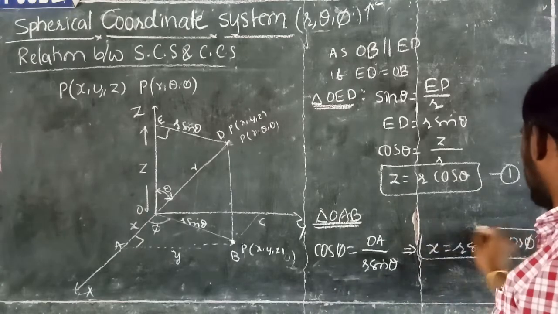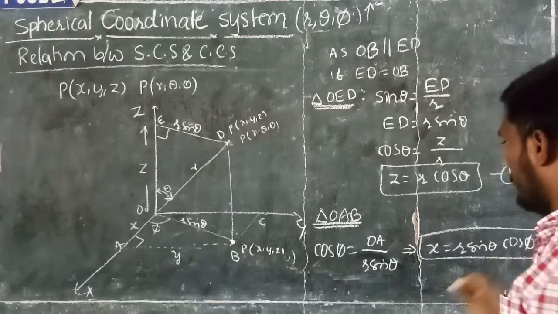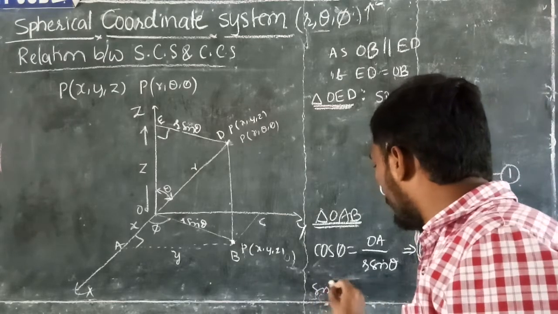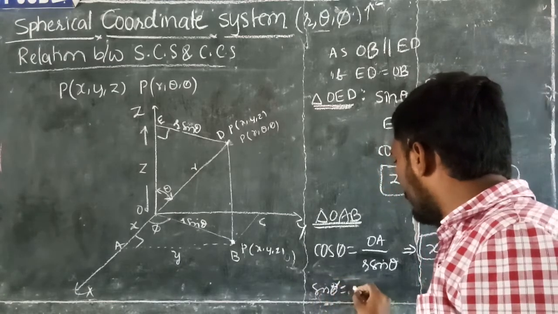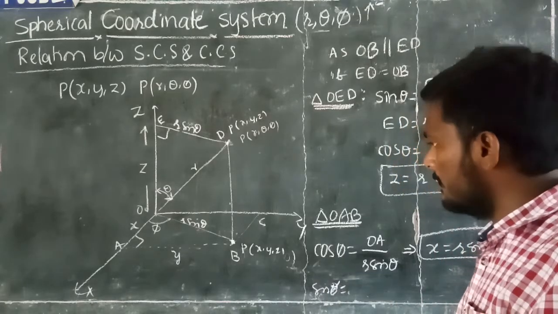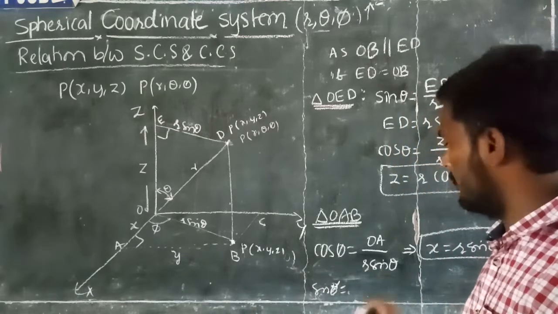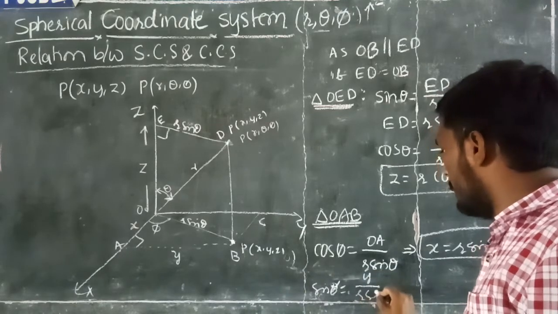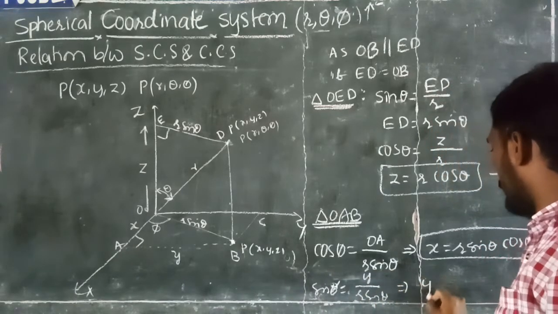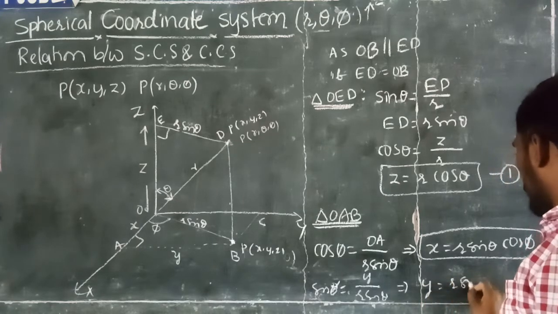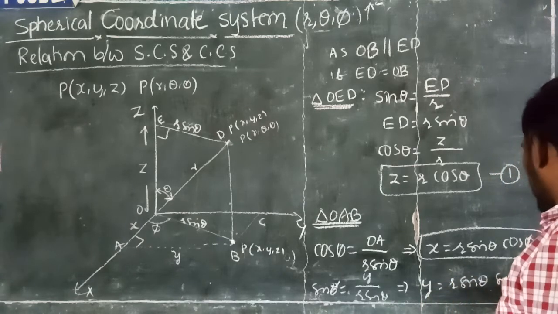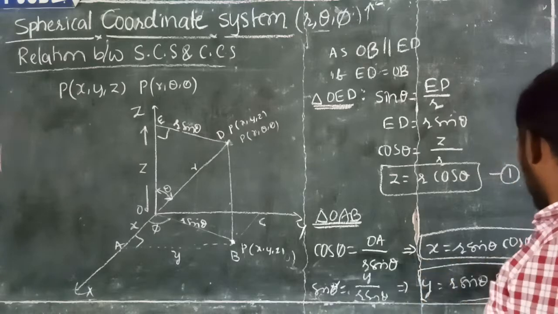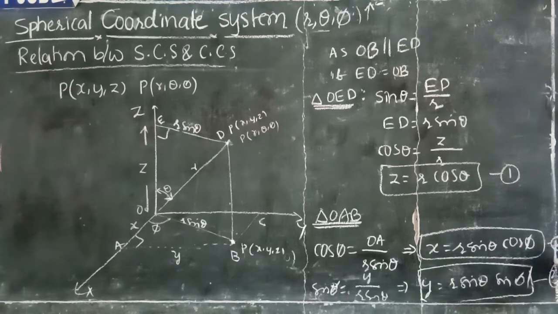Consider this as equation number 2. Similarly, apply sin phi. Sin phi is equal to the opposite side y by the hypotenuse r sin theta. So y is equal to r sin theta sin phi. This is equation number 3.